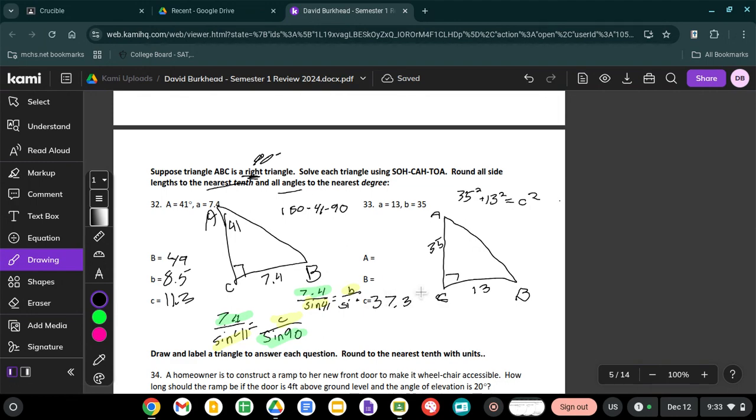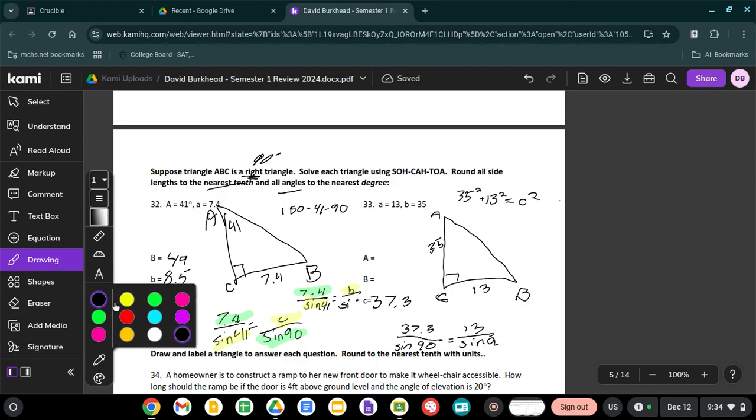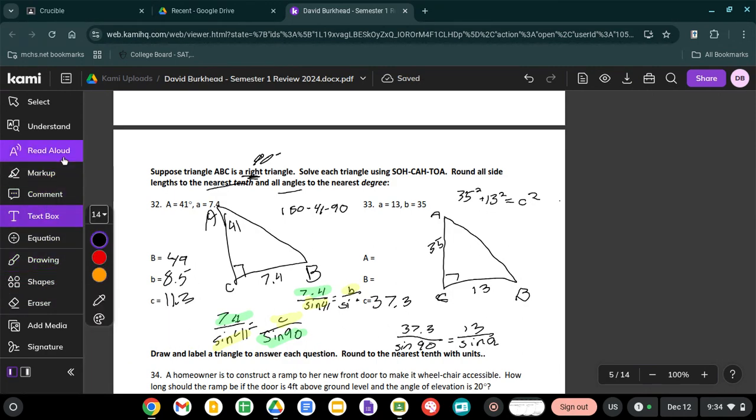Now that you have that, you can have angle C and side C and match it together to do law of sines. So let's solve for angle A. 37.3, side C, over angle C, sine 90, equals side A, which is 13, over angle A, which is sine A. So cross multiply.